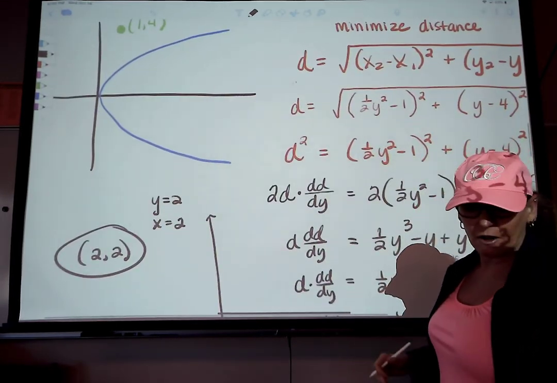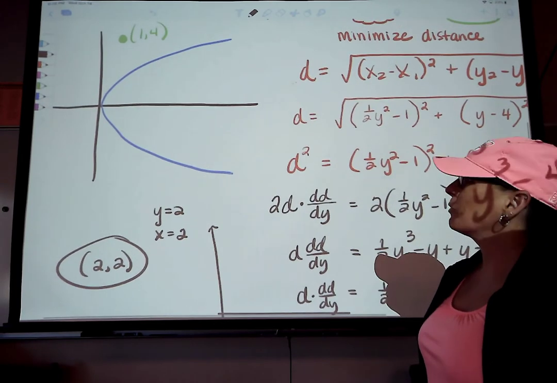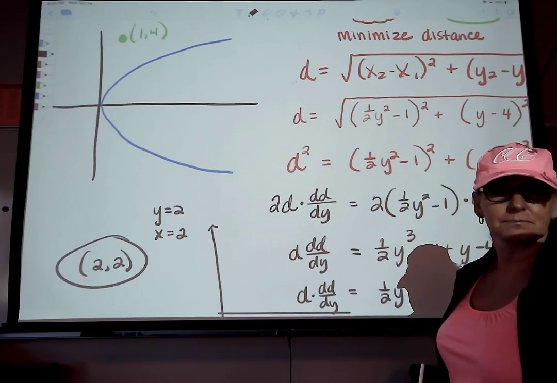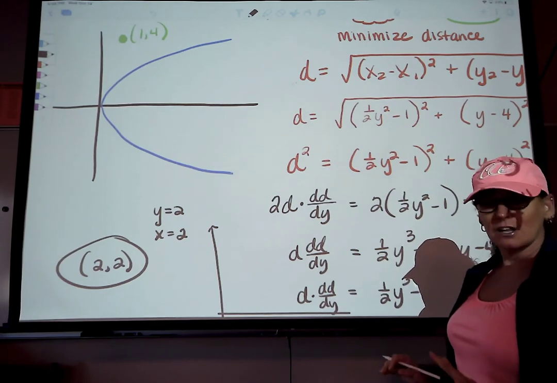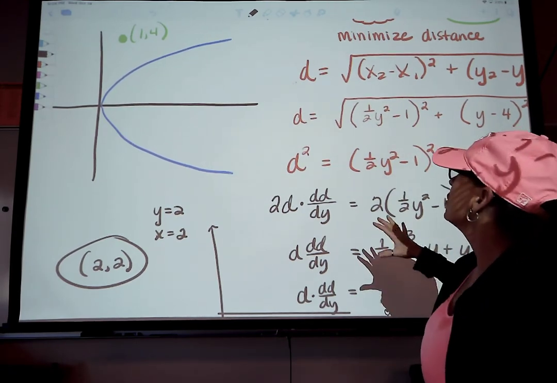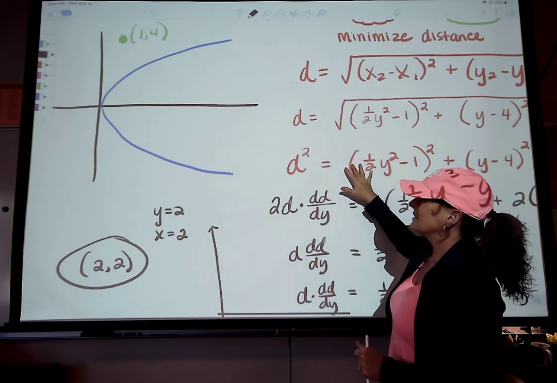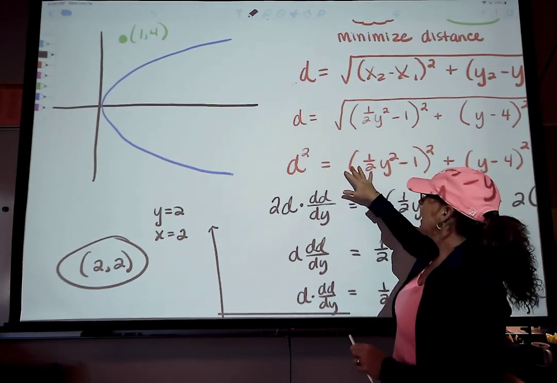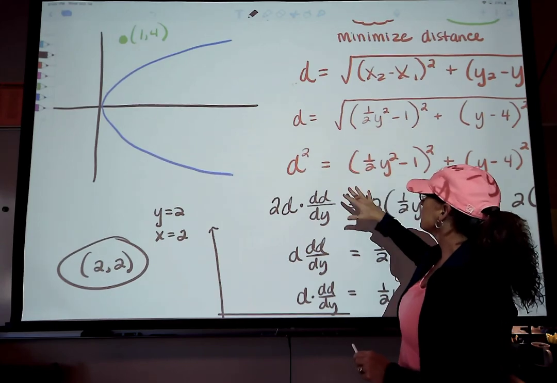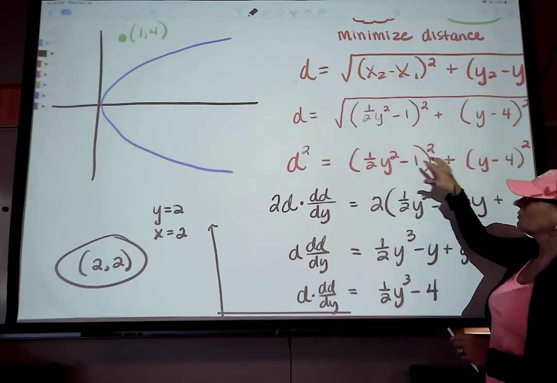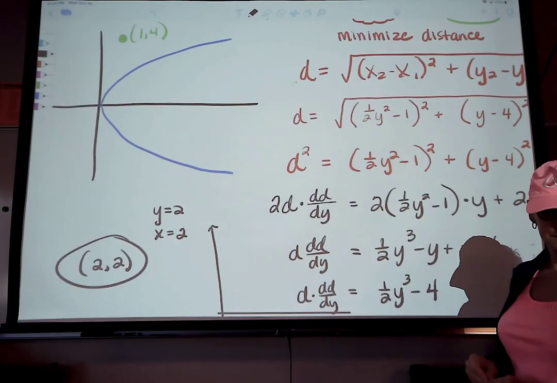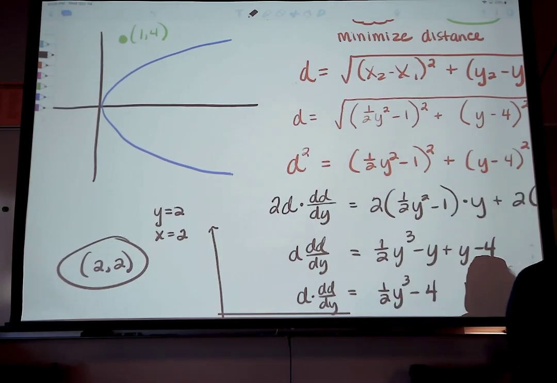That's the point on the parabola closest to the point 1, 4. All right, that was a lot of work, but notice that I went ahead and squared both sides to make my derivative better, and then it was our call whether or not to FOIL these out or not. Okay, be careful with that algebra.